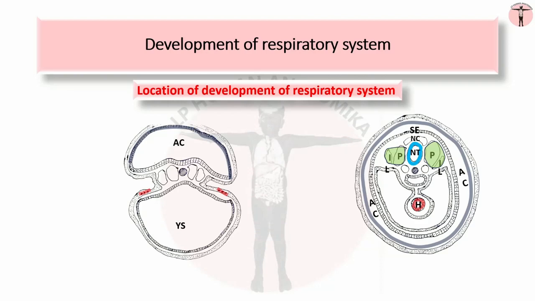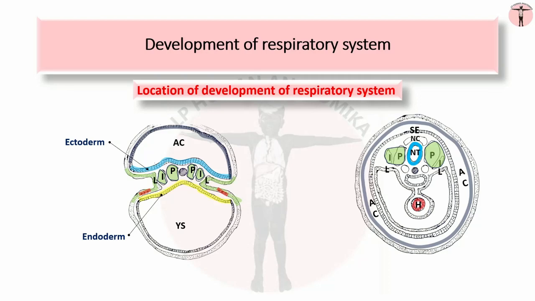In the third week of development, you should be remembering the formation of the three germ layers: ectoderm, mesoderm and endoderm. The mesoderm further divides into three parts from medial to lateral end of the embryonic disc: the paraxial mesoderm, next to the notochord, then intermediate mesoderm and lateral plate mesoderm.